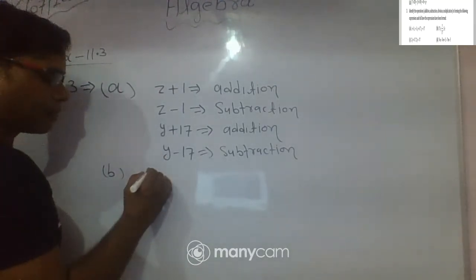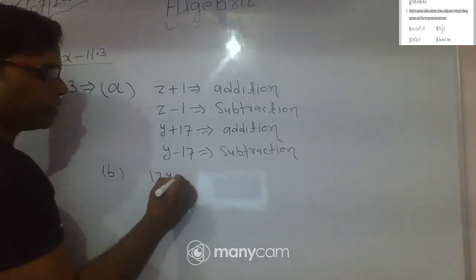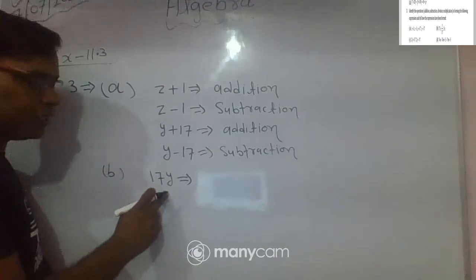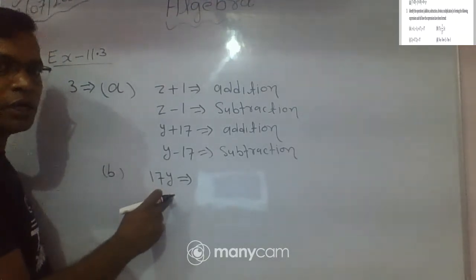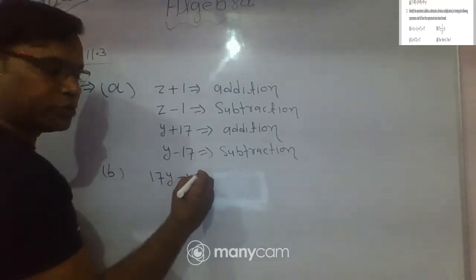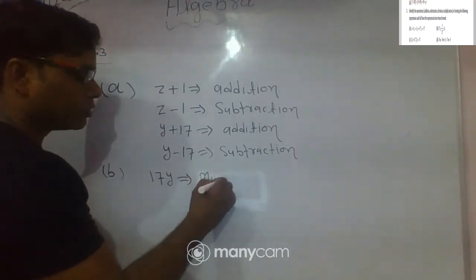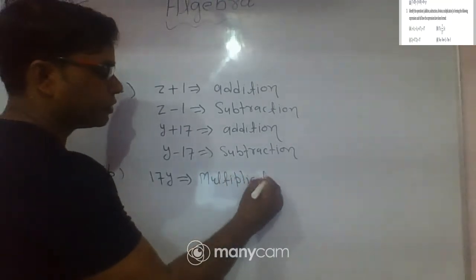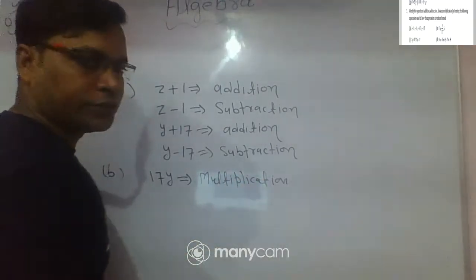17y. In this part which operation is used? Here 17 into y. 17y means 17 into y. So multiplication is used. Okay.